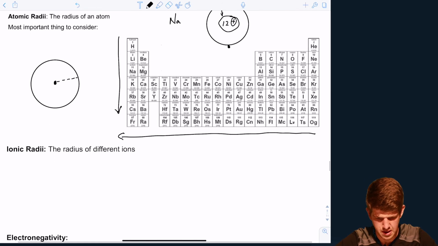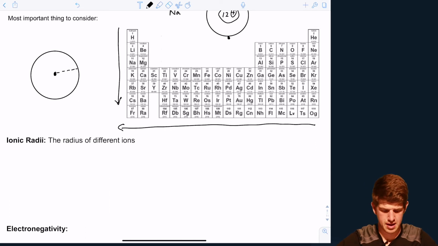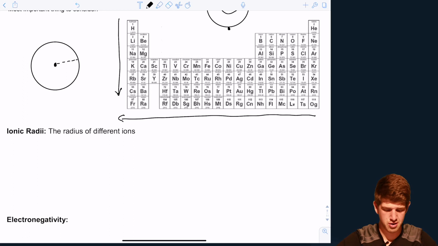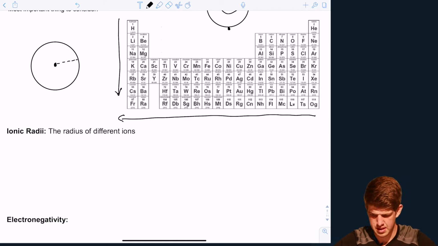Now, that's about atomic radii. Now let's talk about ionic radii. Ionic radii are just going to be different ions that we usually consider to have the same number of electrons. Let's say we're going to set this all equal to neon, with 10 electrons.